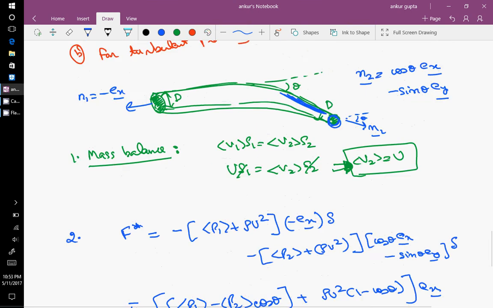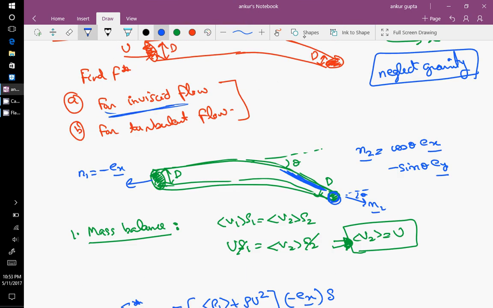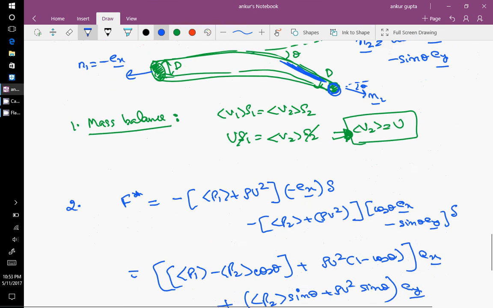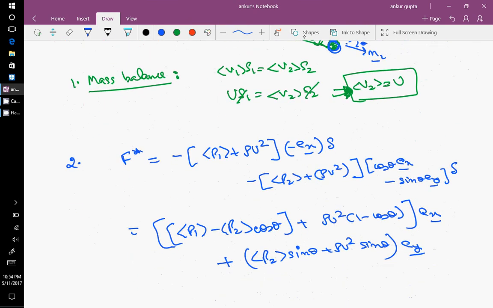Now the thing is, we have been asked to do this for inviscid flows and for turbulent flows, right? And the difference in those cases is that for a given velocity, the pressure drop that we are finding, P1 minus P2, would be different, and that is the whole point of this exercise. The way we will calculate that is important for our system.